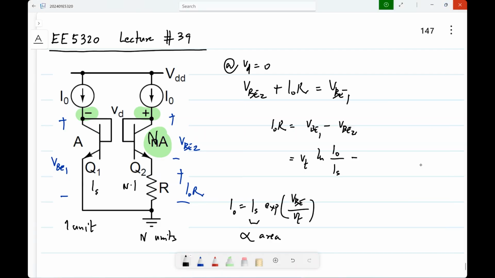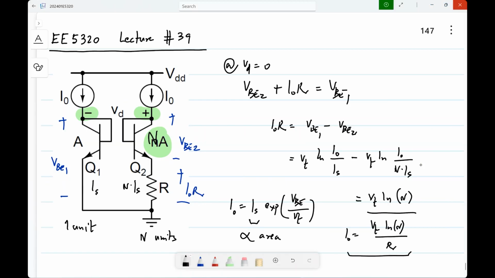VT log of I naught by n times IS, which will be VT log n. Interestingly, IS goes away completely, right? So the current will be VT log n by R. Now, what is special about this? It was a big deal.